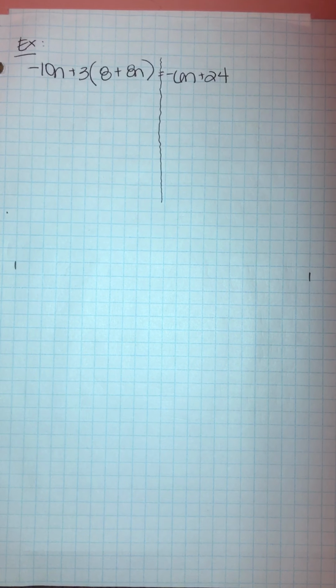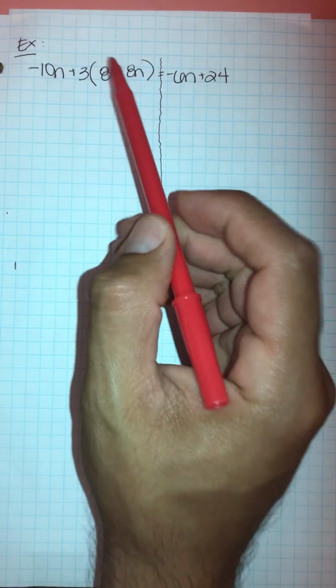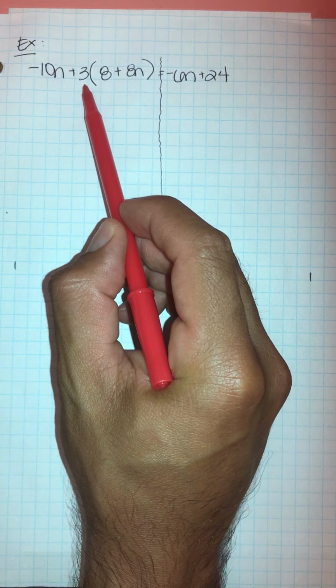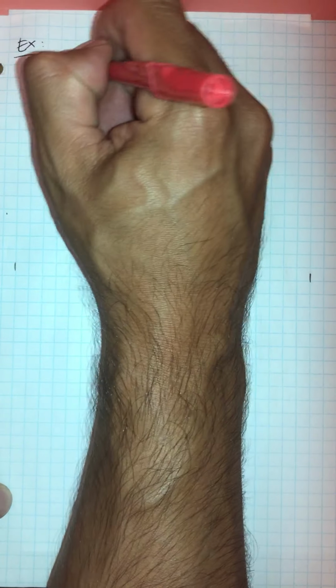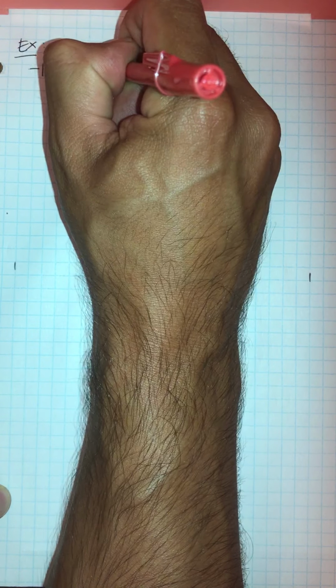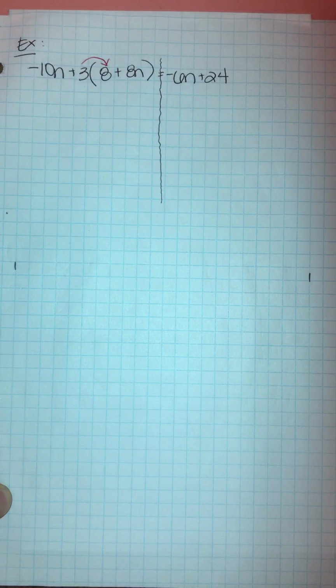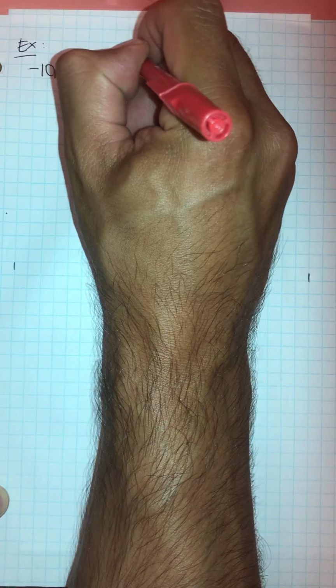As you can see here, we have a 3 in front of the parentheses. Hopefully you remember whenever we have a number like that, we just go ahead and distribute it. So we're going to say 3 times 8 and 3 times 8n.